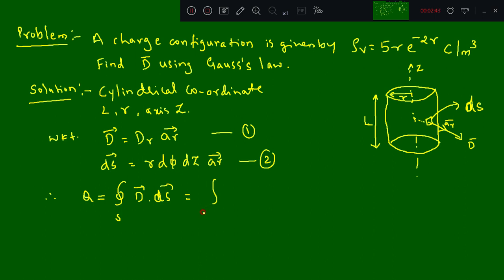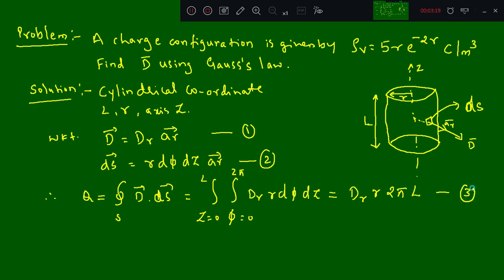Length is in z axis, so z will range between 0 to L, then integration phi will range between 0 to 2 pi, then it is D_r r d phi dz. So this value we are going to get as D_r into r constant, that is into 2 pi into L. This you can call equation number 3.